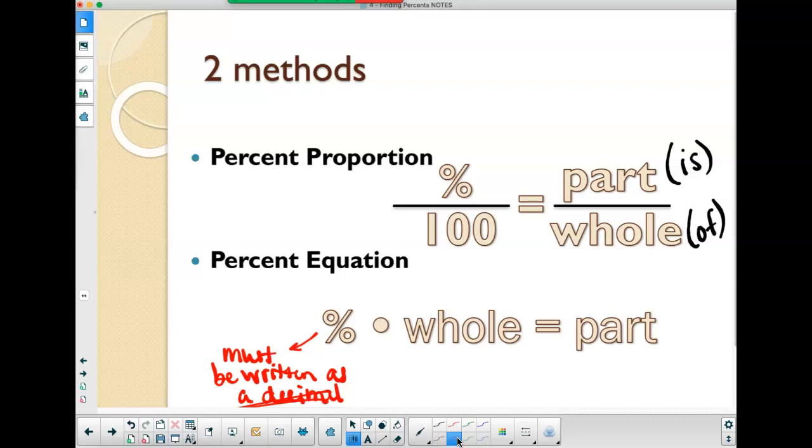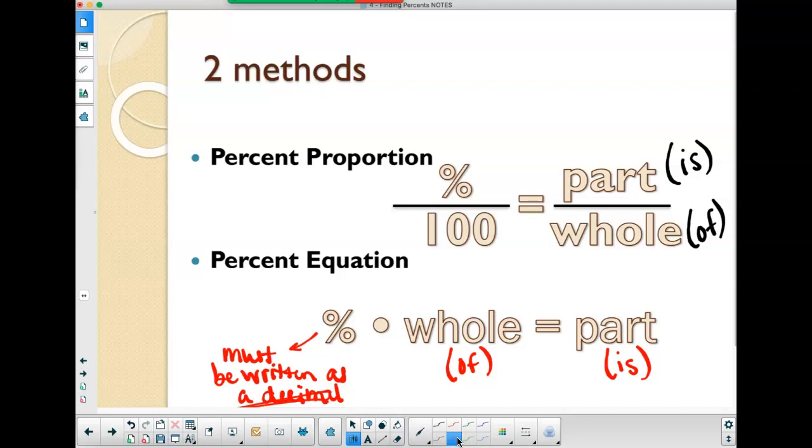For whole, we're still looking for the word of, and part is still the word is. And this will make sense as we do a few examples. But that percent has to be a decimal. That's probably the one reason I don't like the equation, because people tend to forget to change the percent to a decimal. And if we're using the equation, it has to be a decimal.